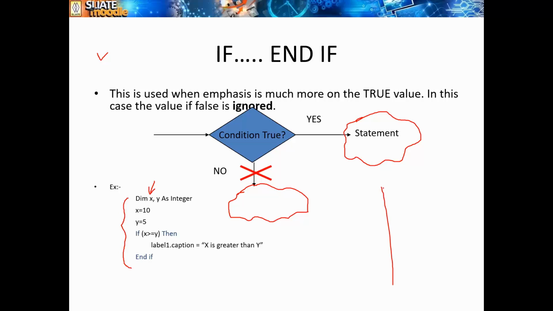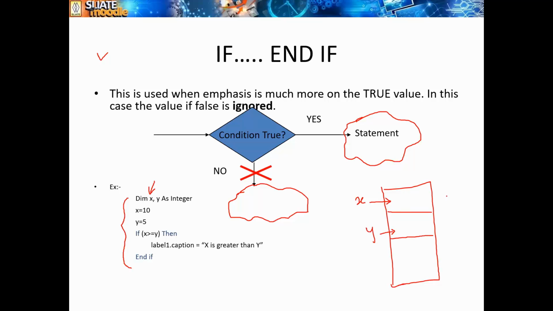So if this is your computer memory, it is not something like this. I'm just going to show you how this works, right? Assume that here I have a computer memory space, and when we say dim x and y, then it will mark a particular place as x and y, right?